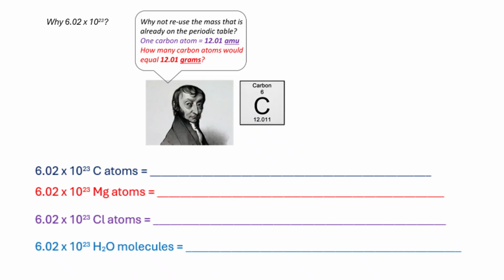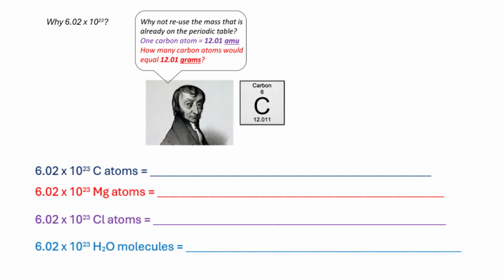And so instead of coming up with a new number to describe what a mole of something would weigh, chemists said long, long ago, why not just reuse the mass that's already on the periodic table? In other words, how many carbon atoms would be equal to 12.01 grams? We already know that one single atom weighs 12.01 AMU, and so that's why that number is on the periodic table in the first place.